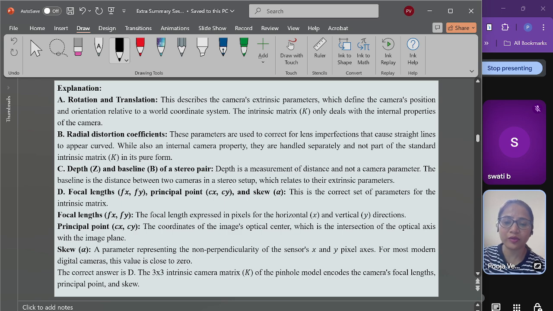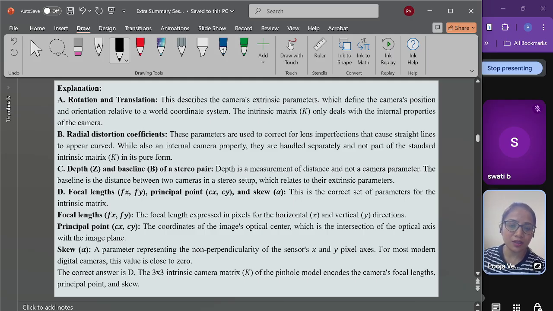Skew is a parameter that represents the non-perpendicularity of the sensor's x and y pixel axes. For most modern digital cameras that value is close to zero, but this is an internal part of the intrinsic matrix. So the correct answer is D.